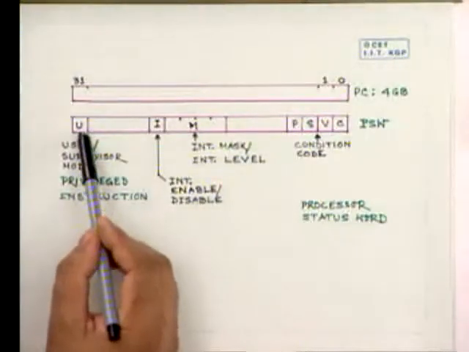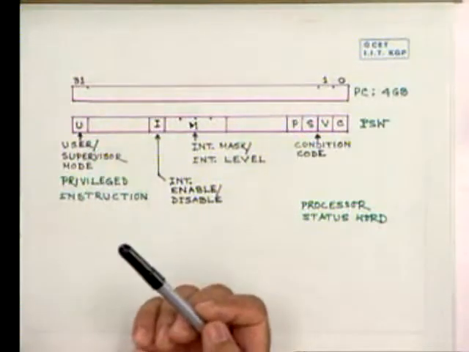And in the supervisor mode, the CPU can execute many privileged instructions. What these privileged instructions are, we'll discuss when we discuss the operating system. Now, I'm saying 0 is user, 1 is supervisor; it could be otherwise also.